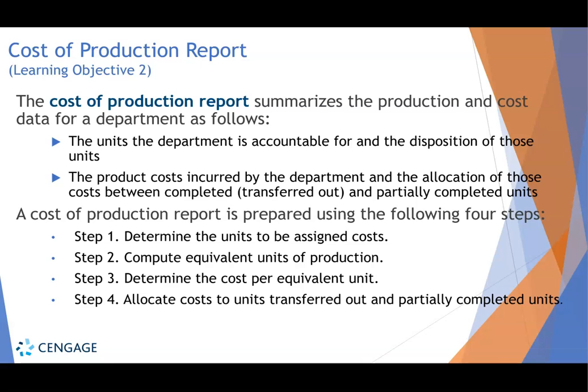We're going to determine the units that are going to be assigned to cost. We're going to compute equivalent units of production. We're going to determine what the cost is per the equivalent unit. And then we're going to allocate the cost to the units transferred out and to those that are still partially completed in WIP.